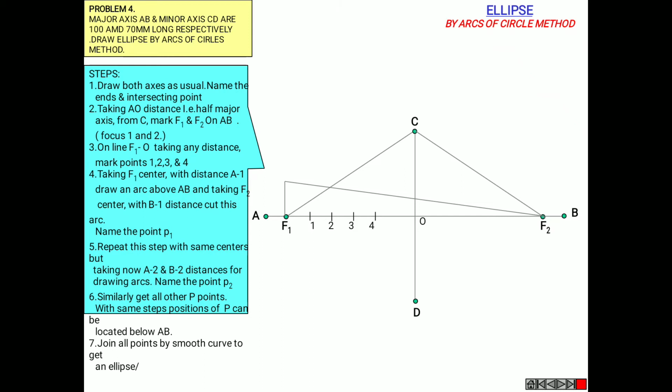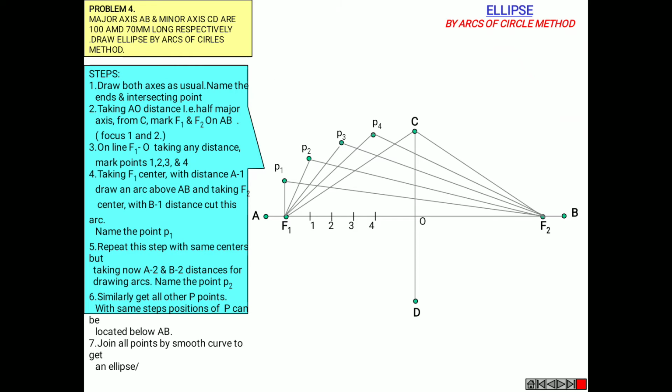See, from F1 and F2 with A1 and B1, similarly F1 with A2, and from F2 it's B2. So repeat these steps for all the 4 points and name all these intersections. Firstly you mark them as P1, P2, P3 and P4.